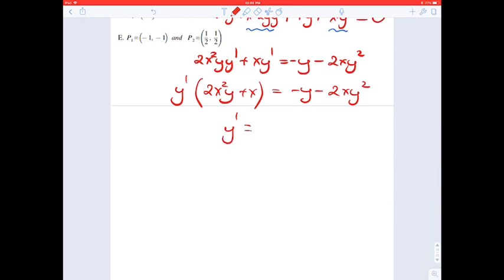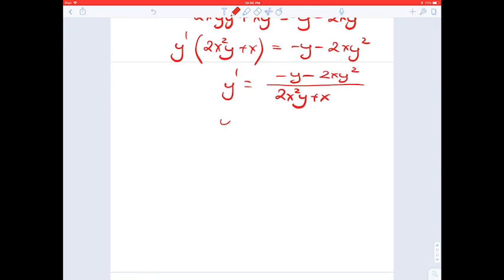Now I will divide both sides of the equation by 2x squared y plus x, and that was my right hand side. I think I can simplify nicely. I can factor out negative y and I will have 1 plus 2xy, because the negative is outside.